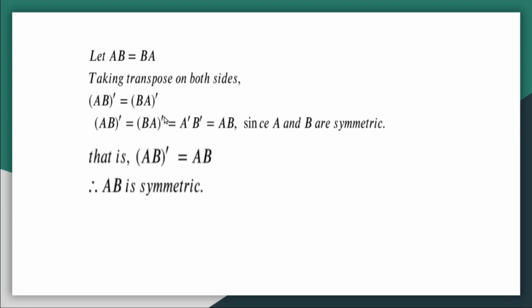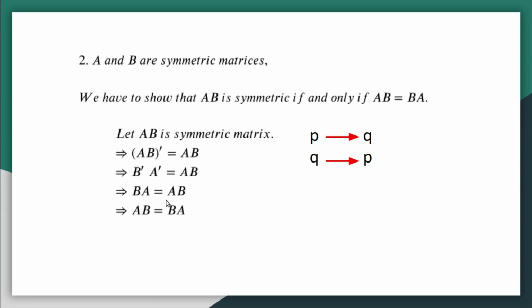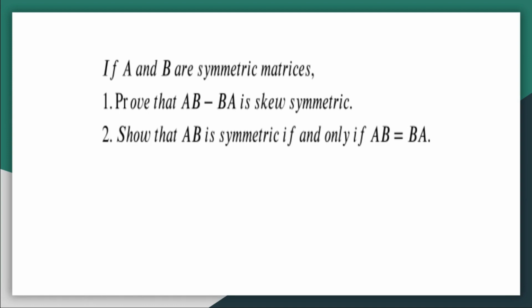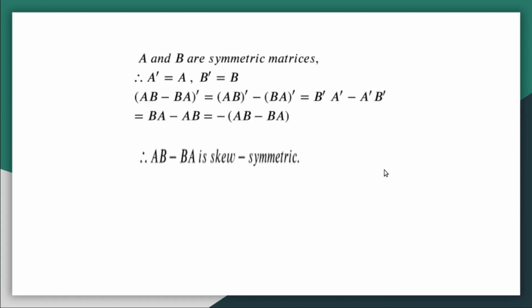Since A is symmetric, A transpose is A, and B is symmetric, so B transpose is B. So we get (AB) transpose equals AB. So clearly AB is symmetric. So AB equals BA implies AB is symmetric. So we have this result: AB is symmetric if and only if AB equals BA.